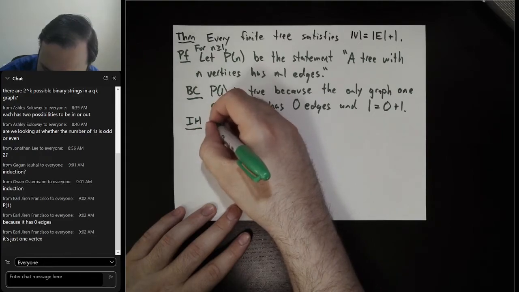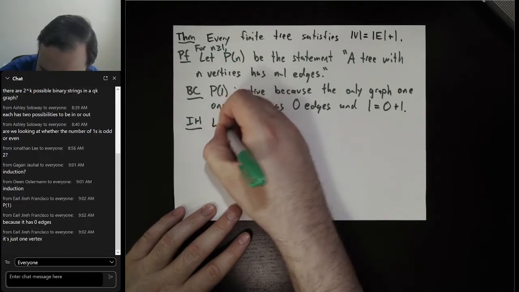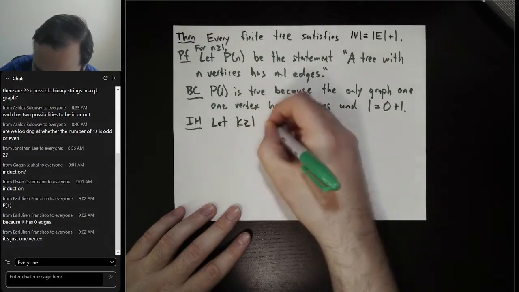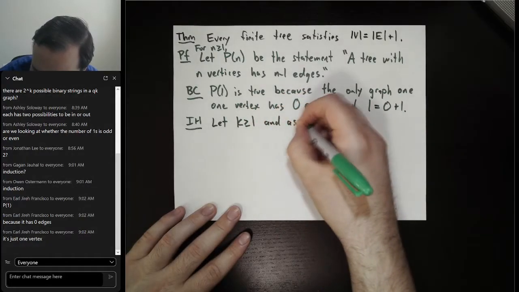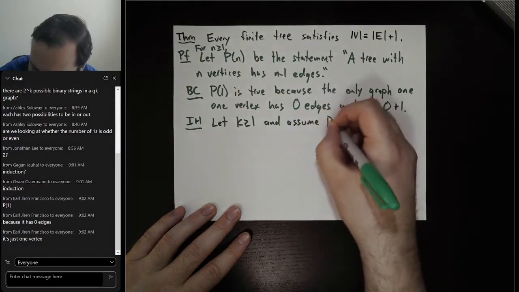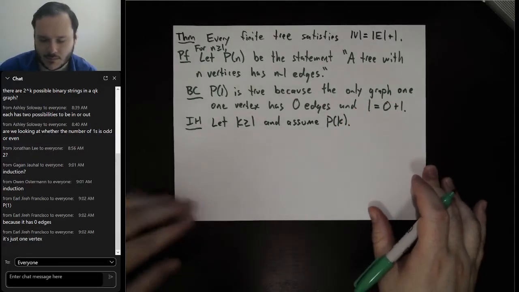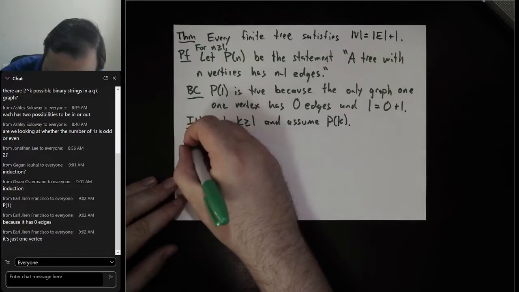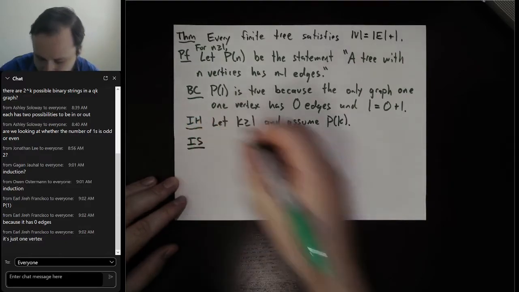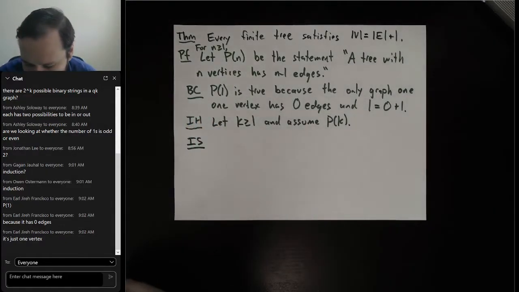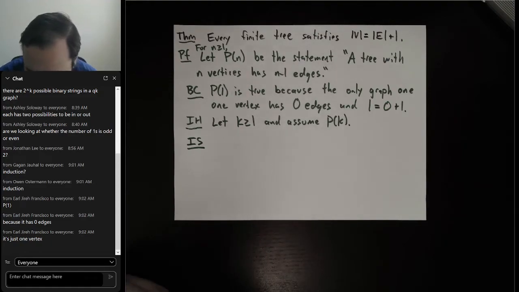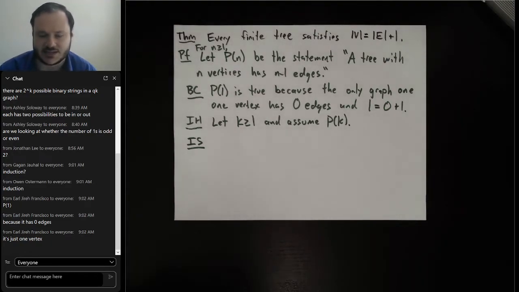My induction hypothesis is going to be let k be greater than or equal to 1 and assume P of k. Now it's time for my induction step. And my induction step has a really important idea in it.